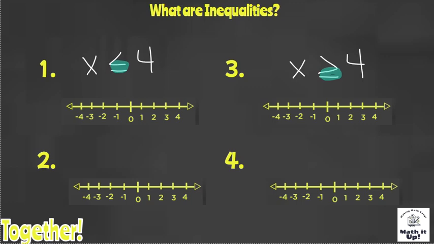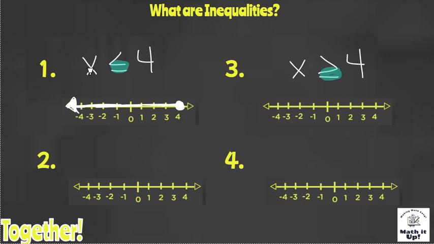So let's go ahead and look at this one. So now 4 is part of the answer because it's also equal to 4. So x is everything that is less than or equal to 4. So we are going to fill in, because 4 is part of the answer, but part of the answer is also everything that is less than 4. So I'm going this way, and I'm going to fill in here to show that that keeps going.